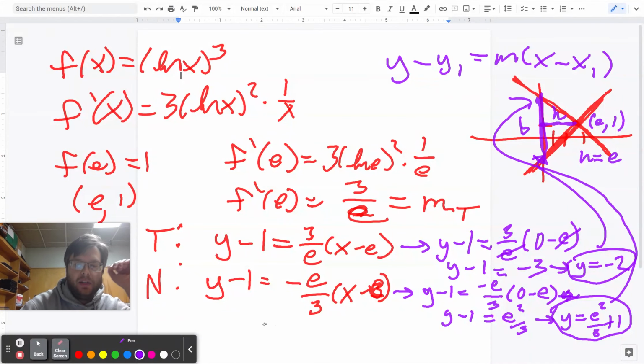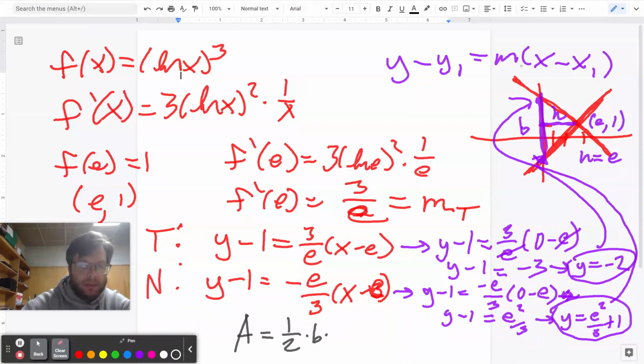So then the area of the full triangle is 1/2 base times height. We're going to subtract those two y values because that'll give me the length of the base, and I will multiply by the height, e.